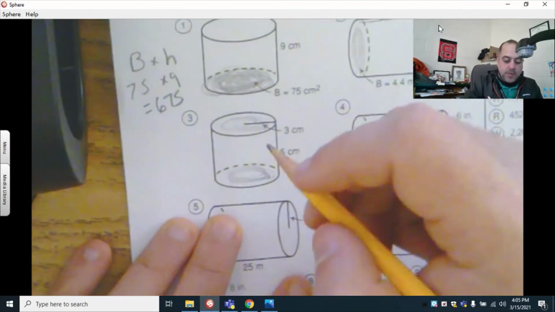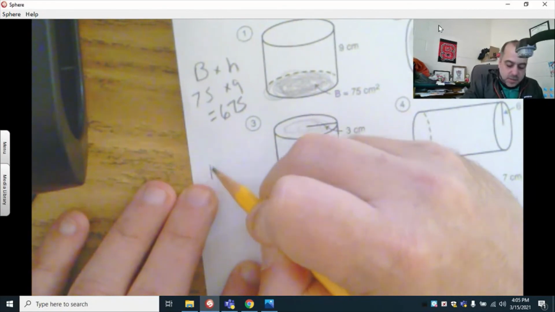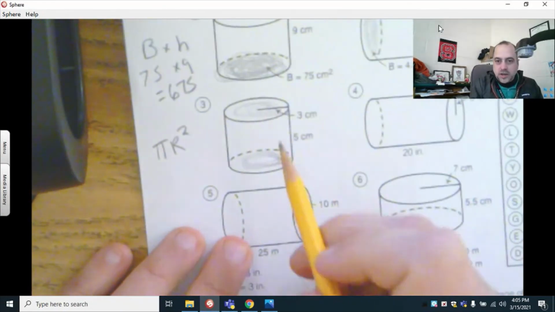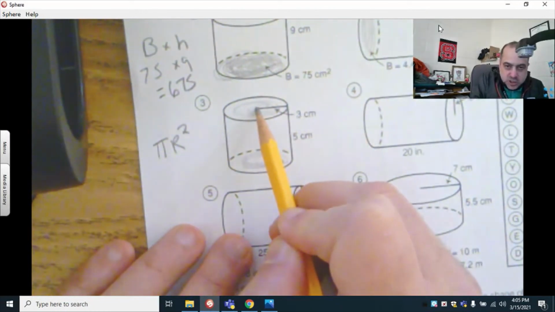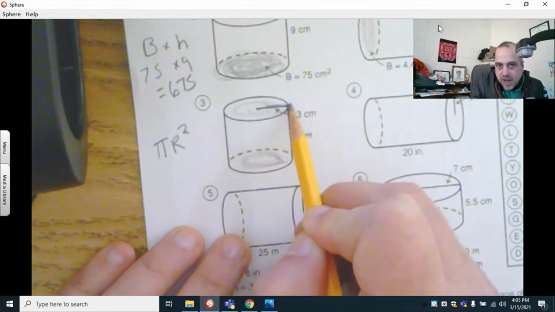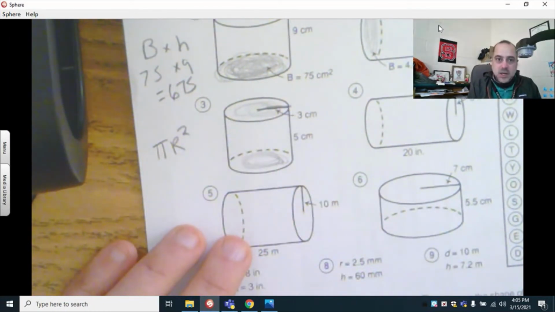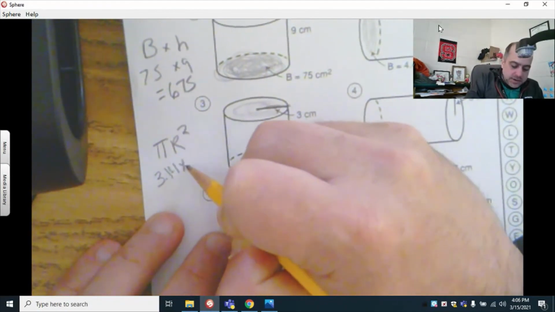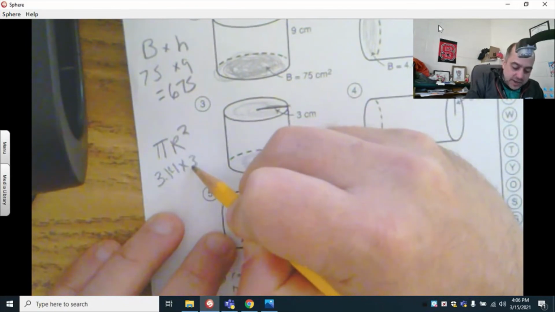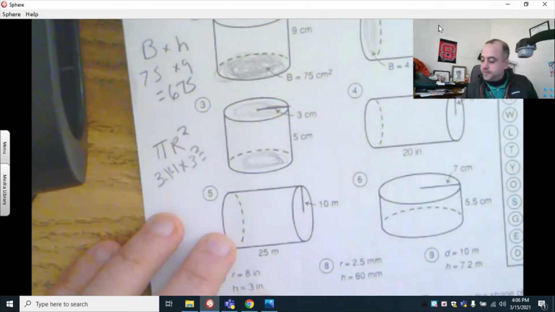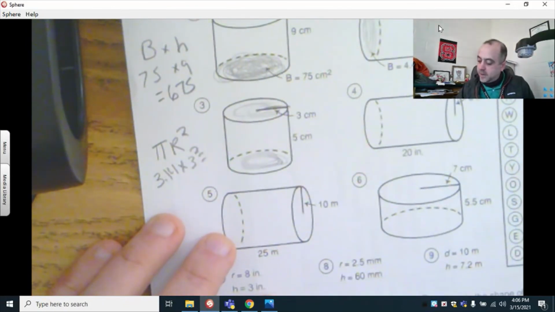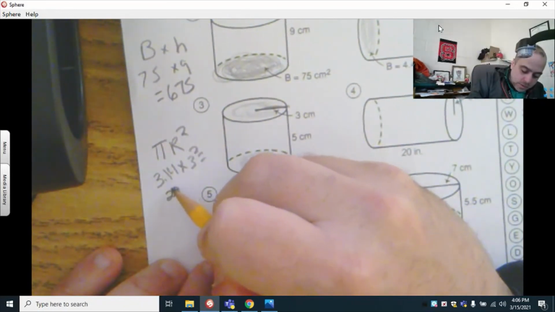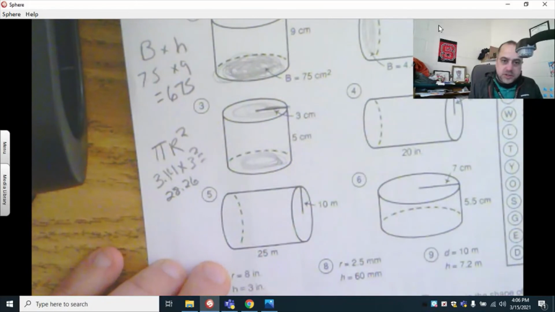All right. Now remember, area is pi r squared. Is this the radius? Remember, radius starts from the center and goes to the edge. Is that the radius? Yes. So it's 3.14 times 3 to the second power. 3.14 times 3 to the second power is 28.26.